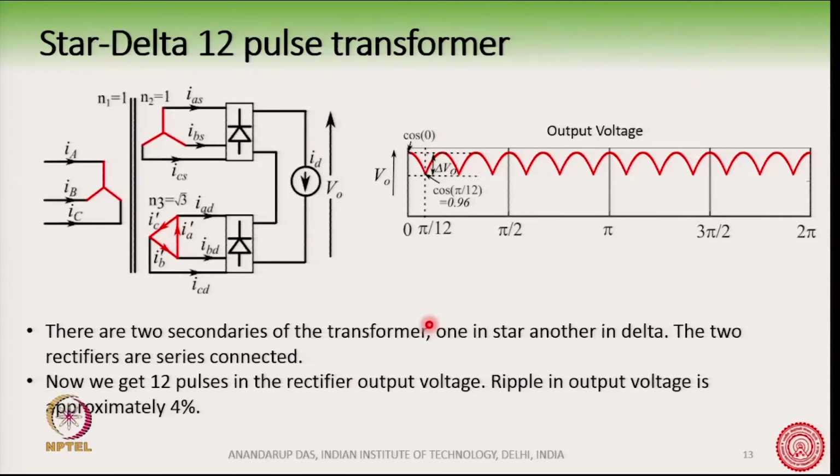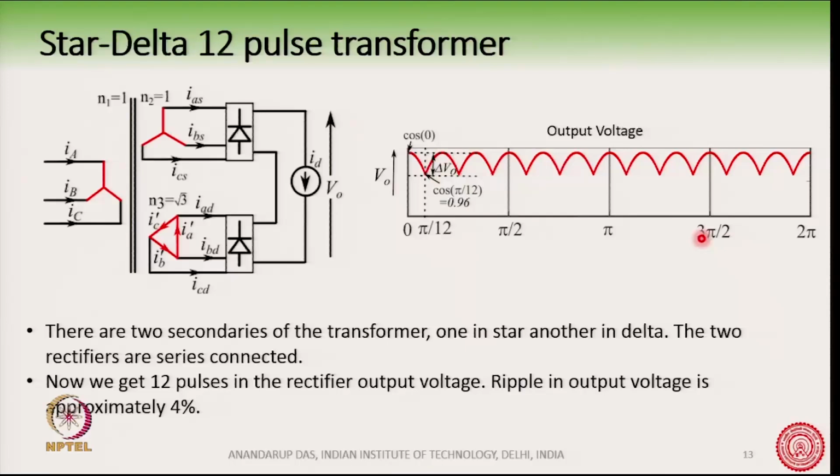Now, in case of a 12 pulse transformer, in this fundamental cycle 0 to 2 pi, we get 12 pulses, or 12 lobes. Here, as you can see, there are 12 lobes. In a 6 pulse transformer we had 6 lobes, and now we have 12 lobes.